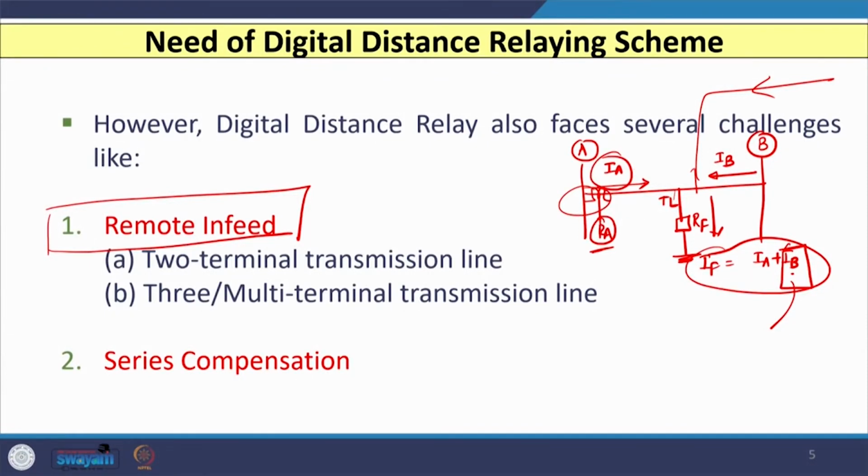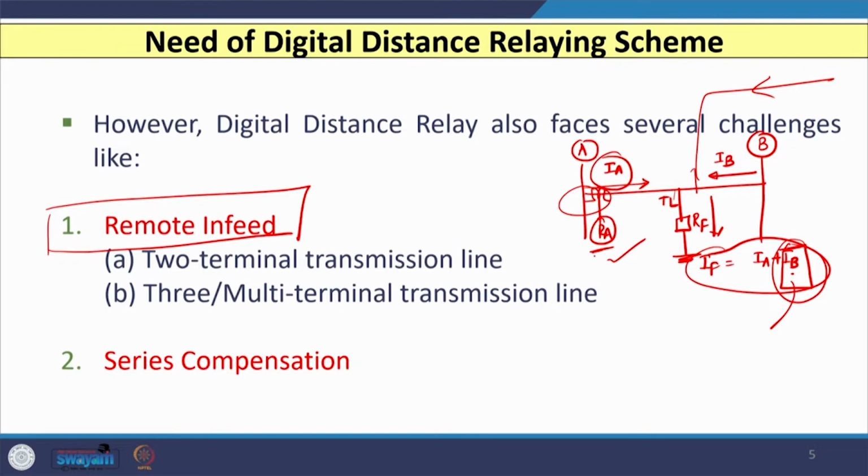So, whatever impedance is calculated by this conventional relay, as it has not taken into account the remote in-feed or remote current IB, the impedance measured by the distance relay RA is erroneous.